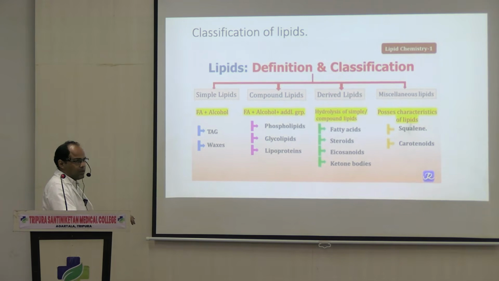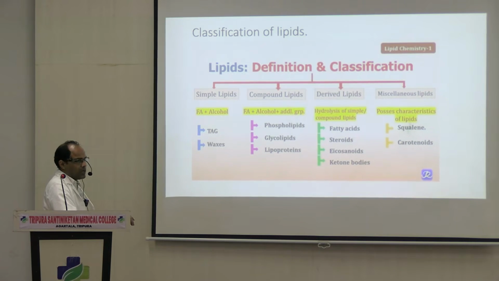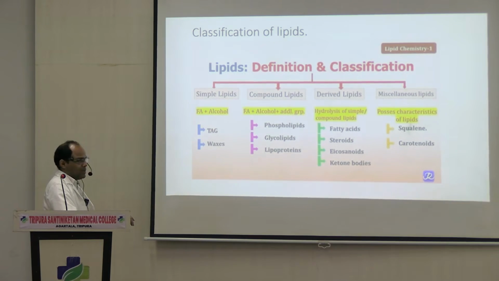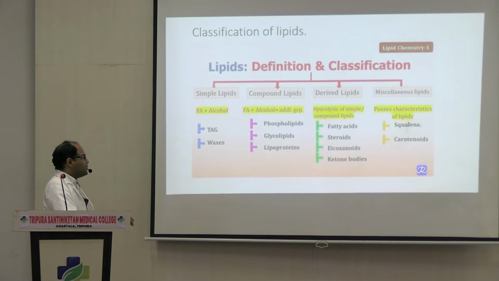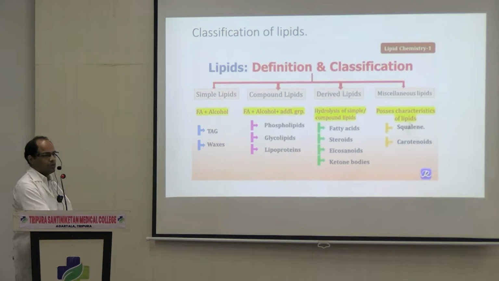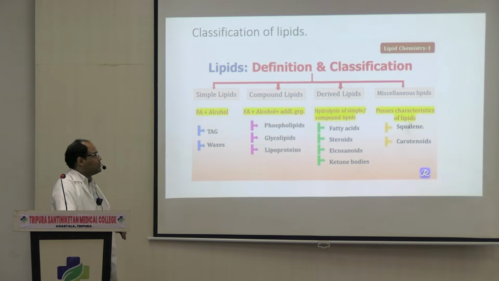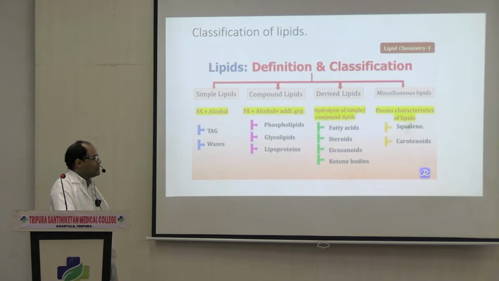Compound lipids or complex lipids, apart from fatty acid and alcohol, they have one additional group attached with them. So they form complex lipids. Derived lipids, these lipids are derived from either simple or compound or both. And next part is miscellaneous.